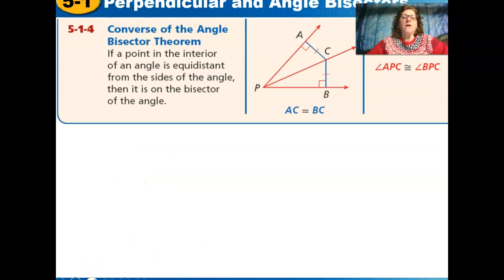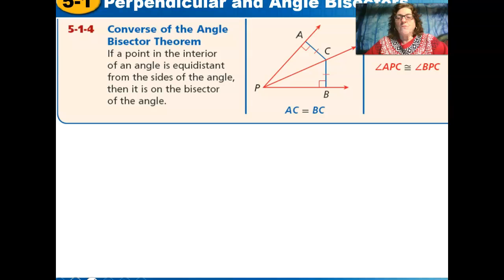The converse of the angle bisector theorem states that we're trying to prove that PC is the angle bisector, if we know that AC and CB are equal lengths. The way in which we draw these is so that they're perpendicular, and we end up having that these two triangles are congruent by, what would we say?